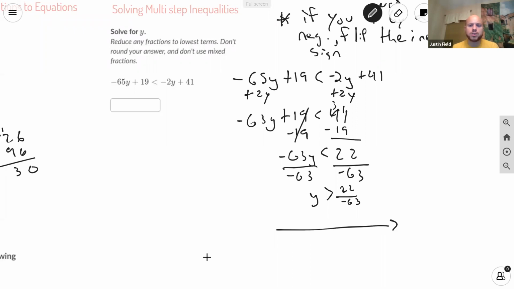So now I'm also going to graph it on a number line. And 0 does not have to be in the middle of your number line, although I am going to put 0 in the middle of my number line.